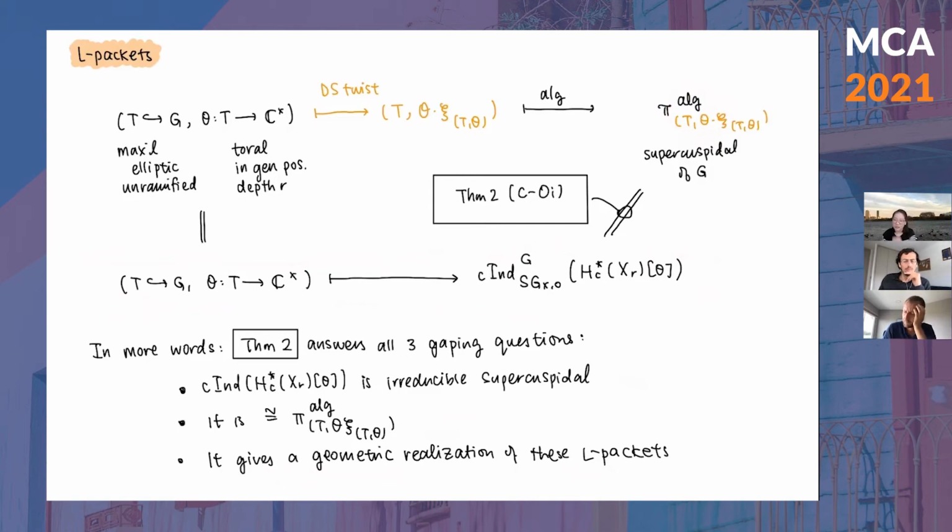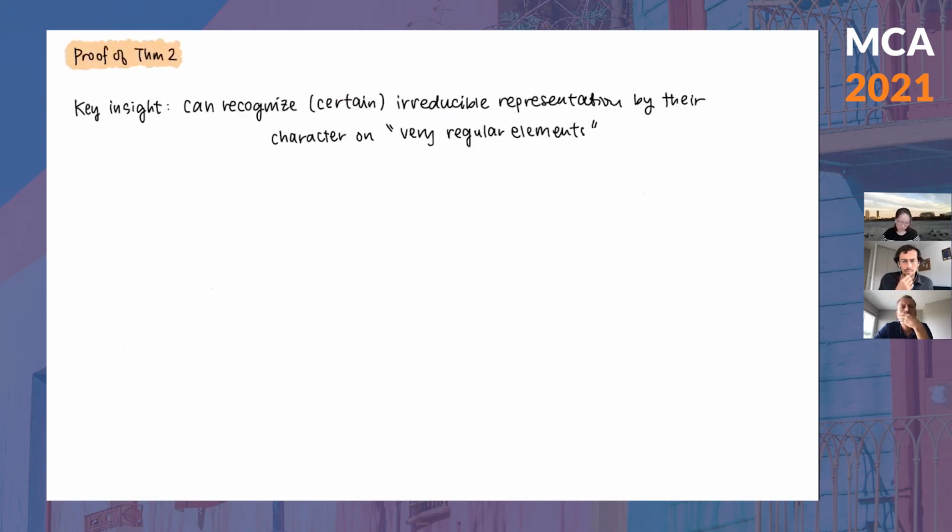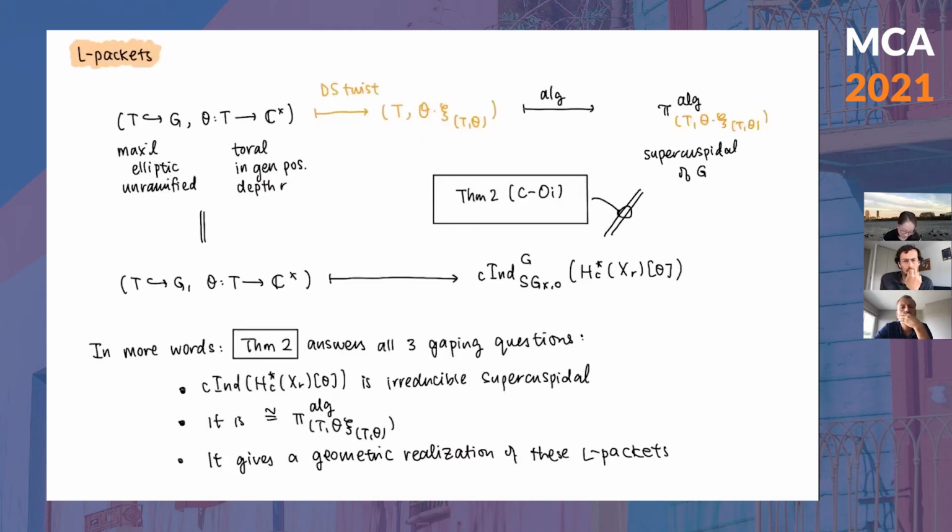And so I'll pause again here before telling you the key, important feature in proving this theorem. Okay. So the key insight in proving this theorem, let me rewind. At face value, what are we trying to do?